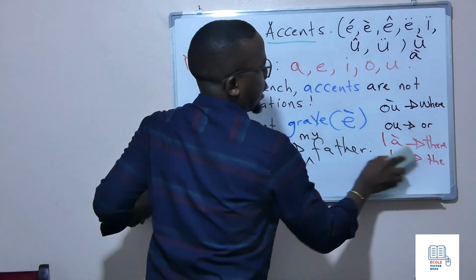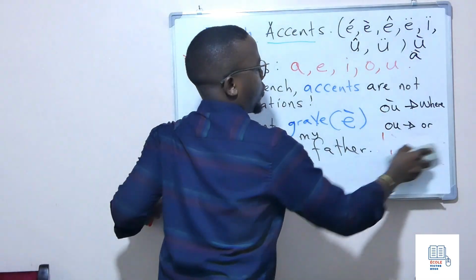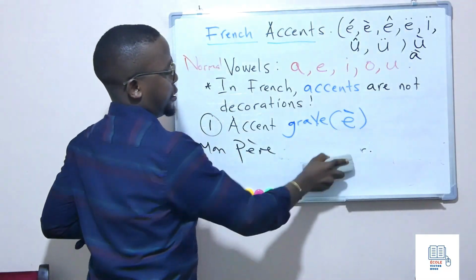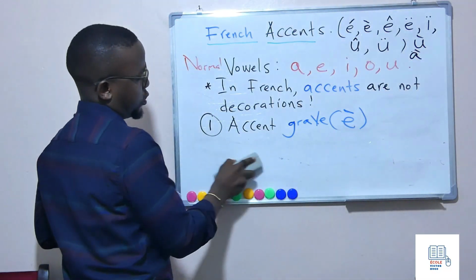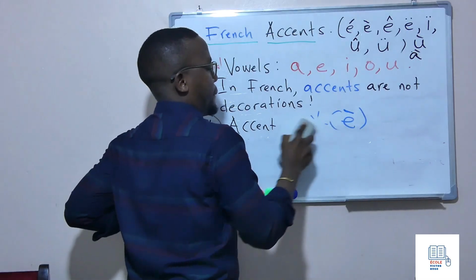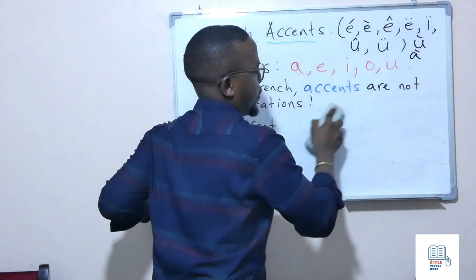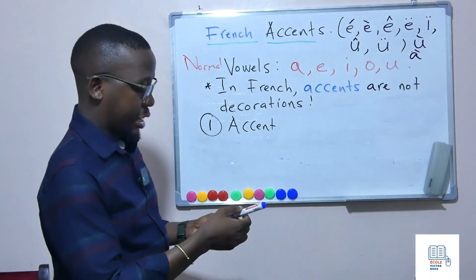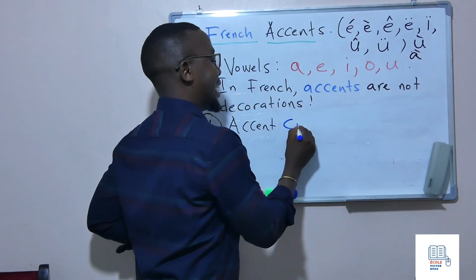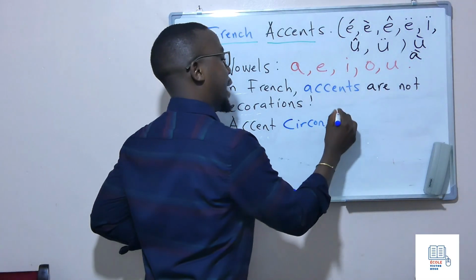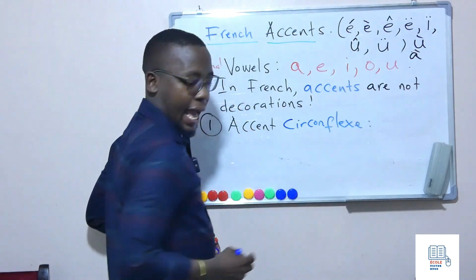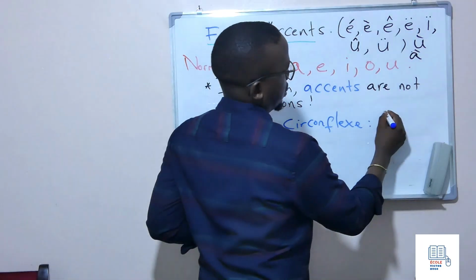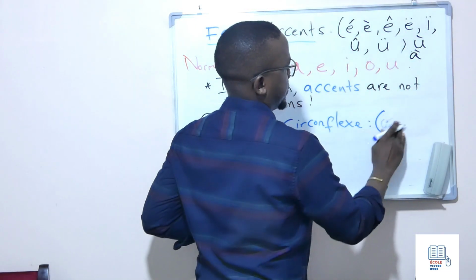So now we look at another accent. There are quite many, but not so many. After the accent grave, we have the accent circonflexe. Okay, so accent circonflexe looks like this.